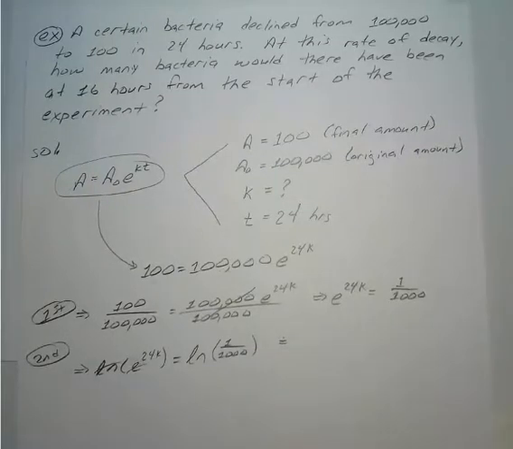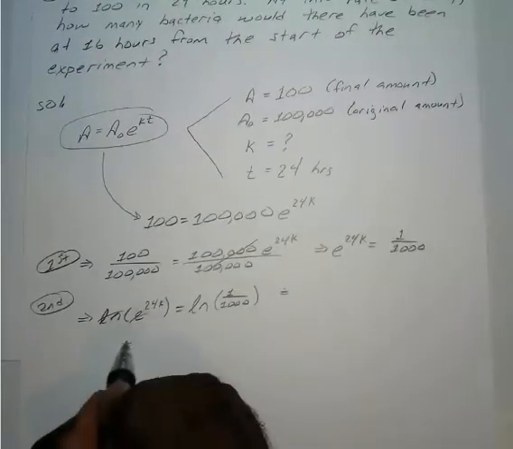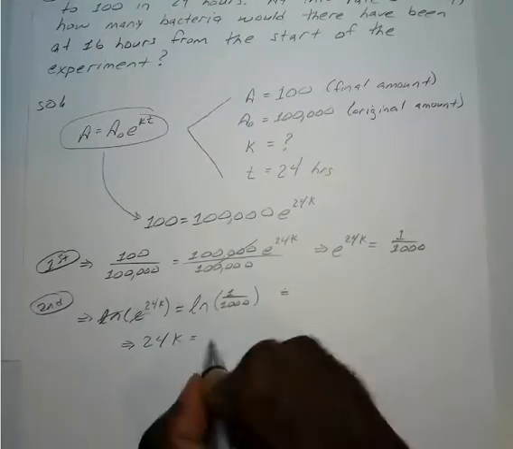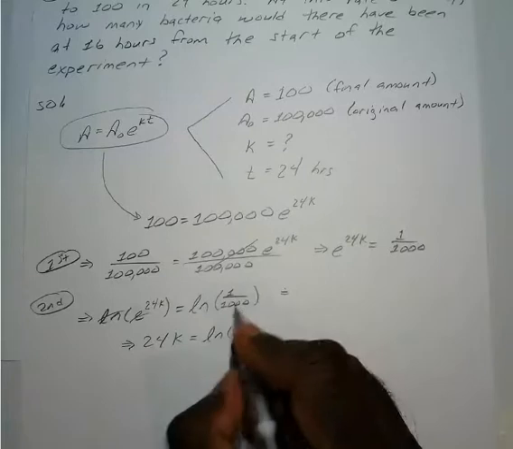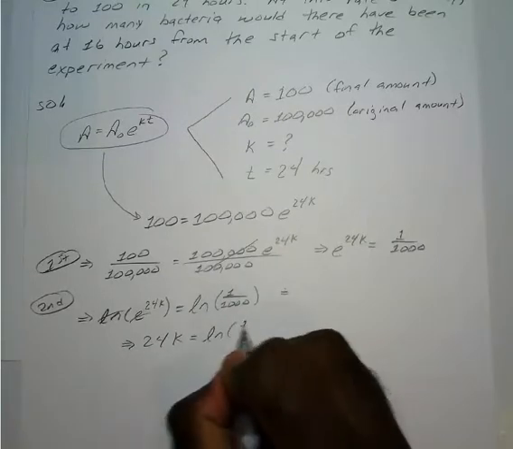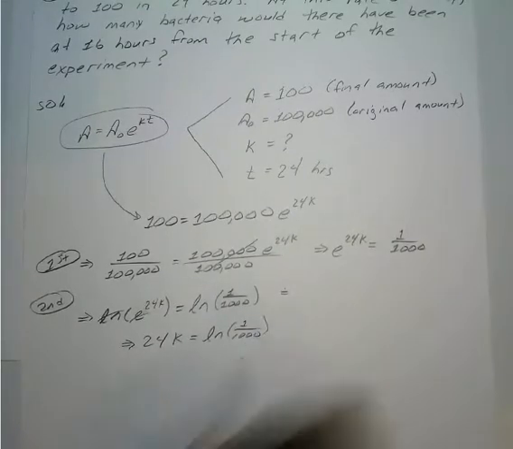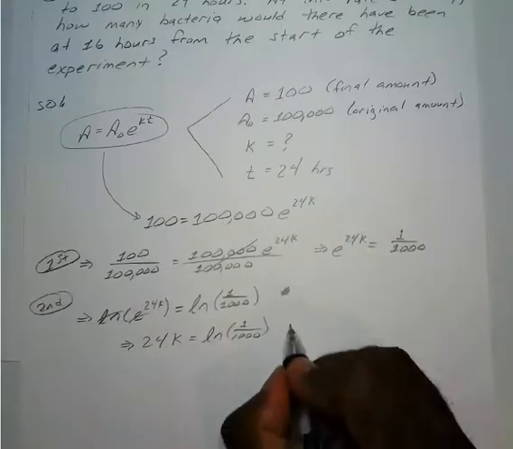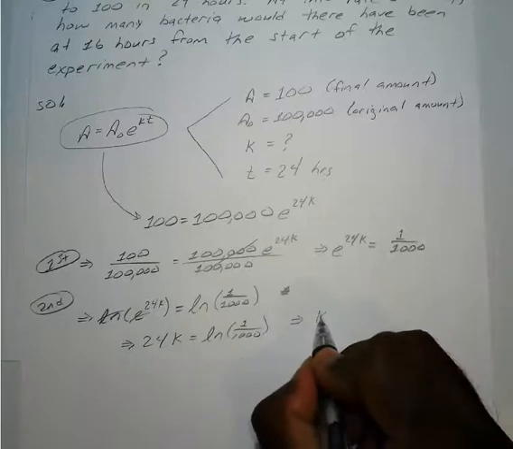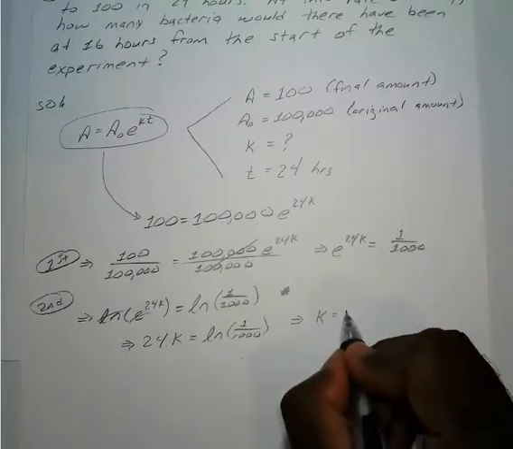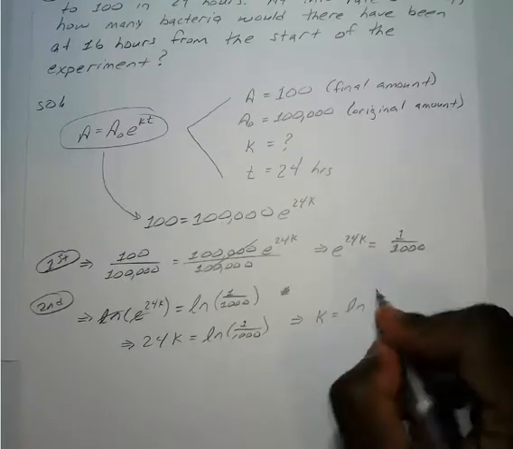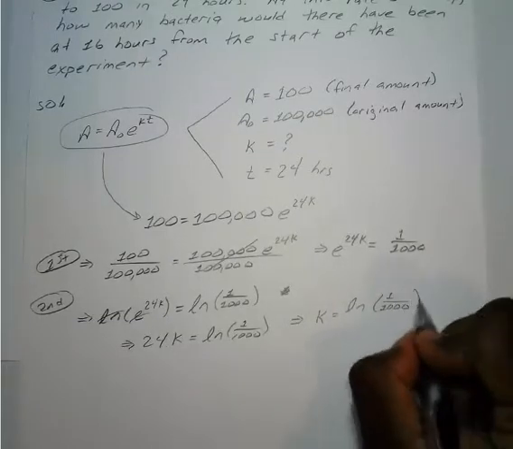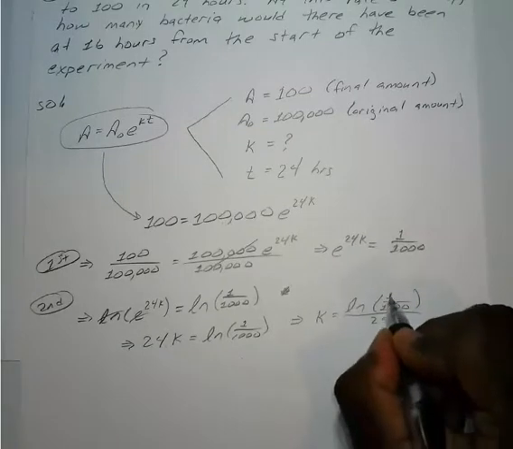And I'll write this underneath it to avoid getting confused. So you have 24k equals the natural log of 1 over 1,000. So if we divide both sides by 24, you have k equals the natural log of 1 over 1,000 divided by 24.